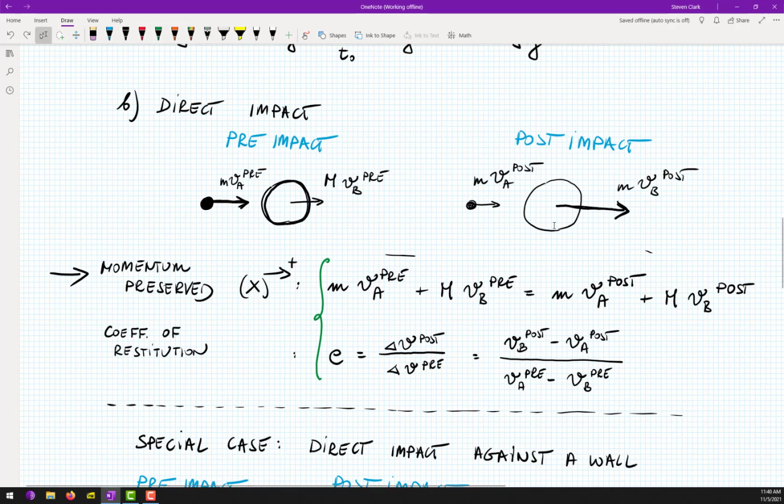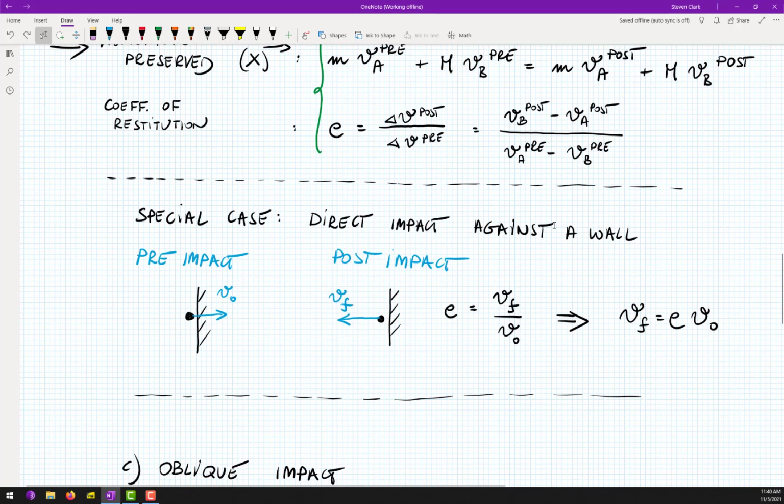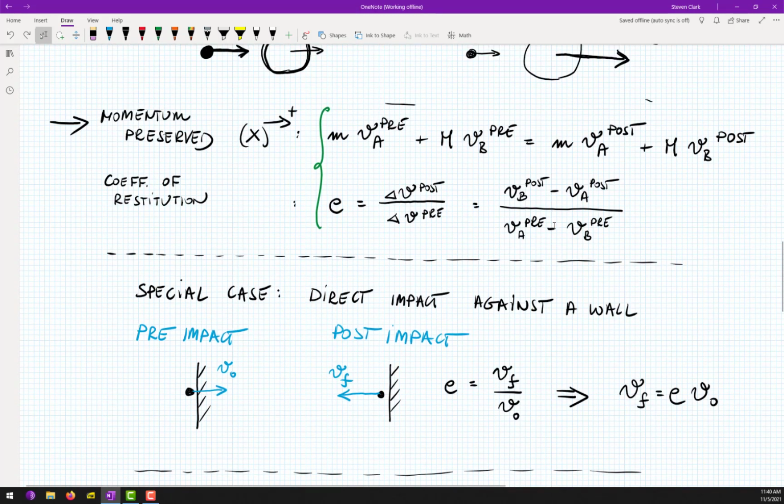A special case of direct impact is impact against the wall. In here we have only one body, so we are just going to go for one of these two equations above. I usually use the simplified version of the coefficient of restitution, because this equation is exactly this equation.